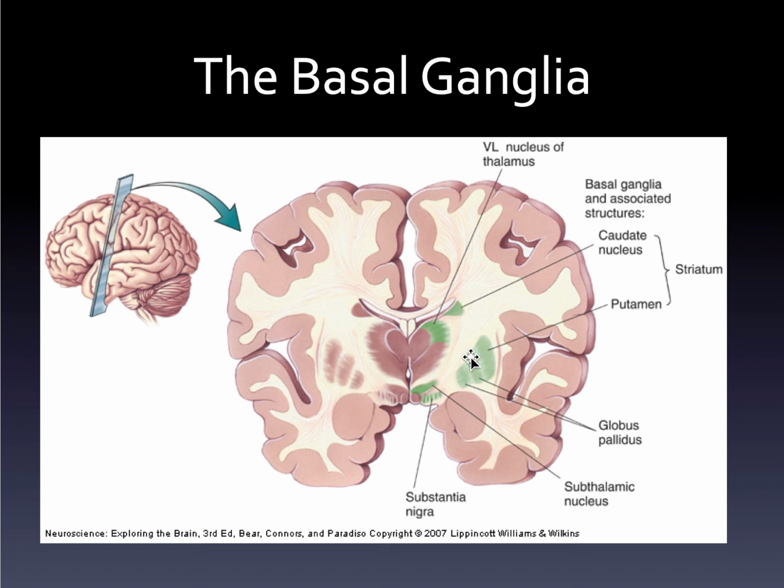Okay, those collectively are called the basal ganglia, but there are other structures that are important in the function of the basal ganglia. You've got a nucleus below the thalamus, the subthalamic nucleus, and then you've got a nucleus in the midbrain called the substantia nigra, black substance, and then you've got the ventrolateral nucleus of the thalamus.